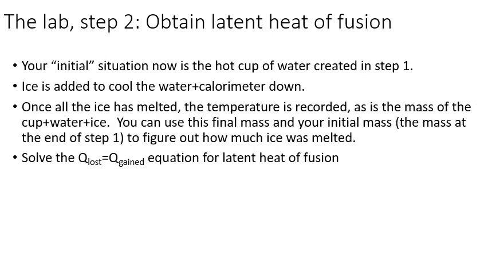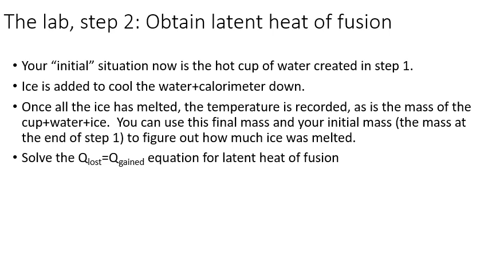Step two is to obtain the latent heat of fusion. So now your initial situation is that hot cup of water that you created in step one. So you heated this thing up, and then now ice is added to it. And that's going to cool the system down. And the temperature is measured once all the ice has melted.